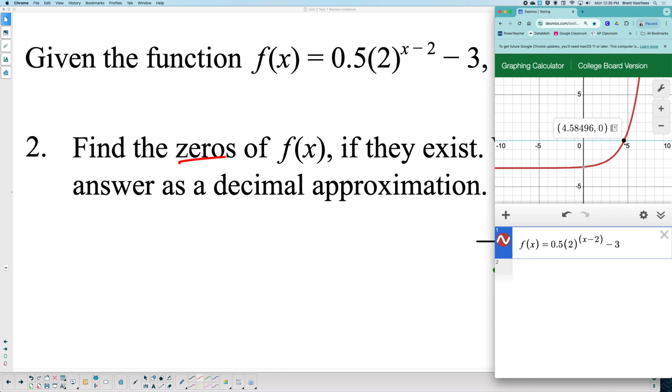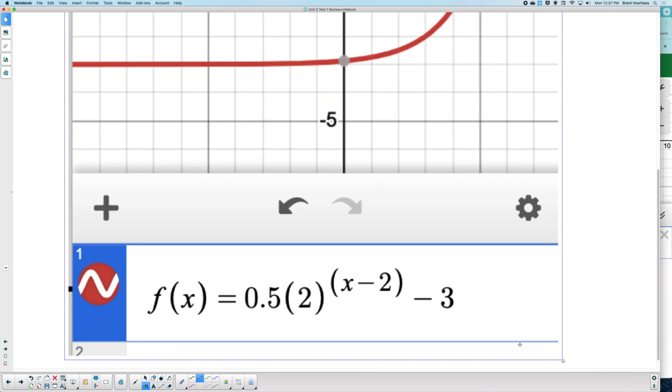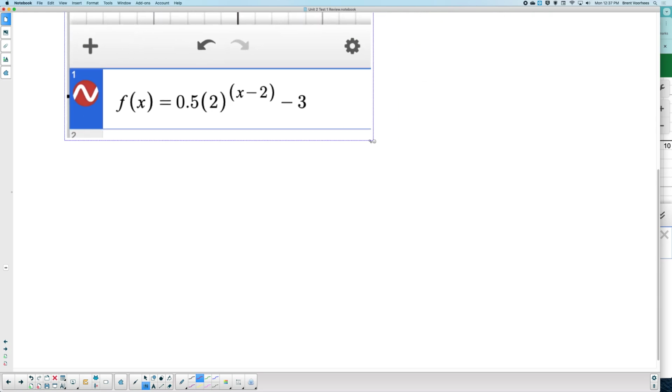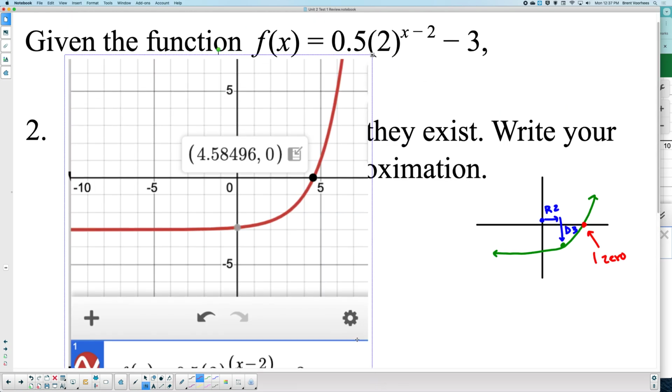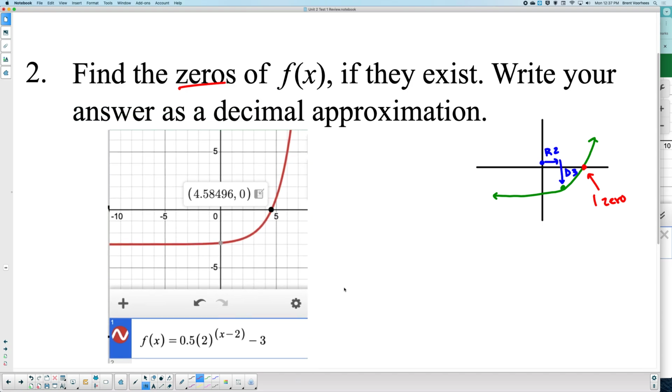How many decimals are required for AP Pre-Calc? 3. A 0 you write as x equals. So we need 3 decimals.